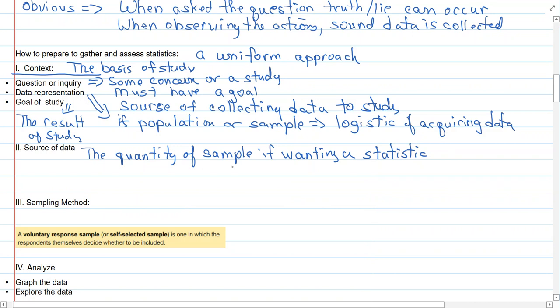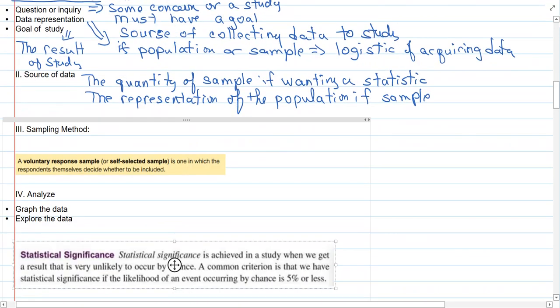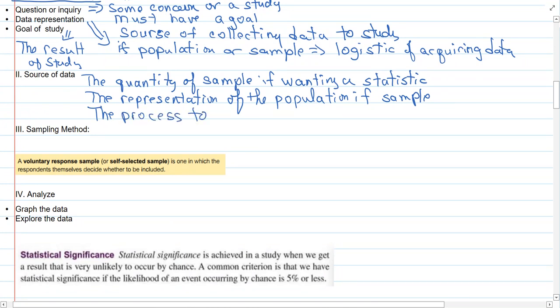The quantity of the sample, if wanting a statistic, the representation of the population if it's a sample, and the process of gathering to collect the data.